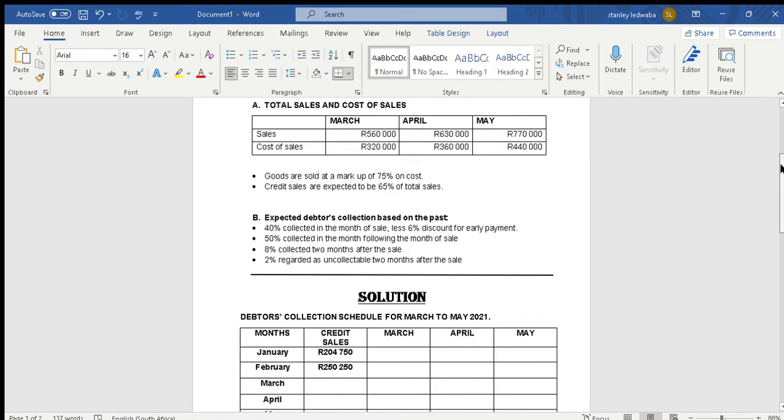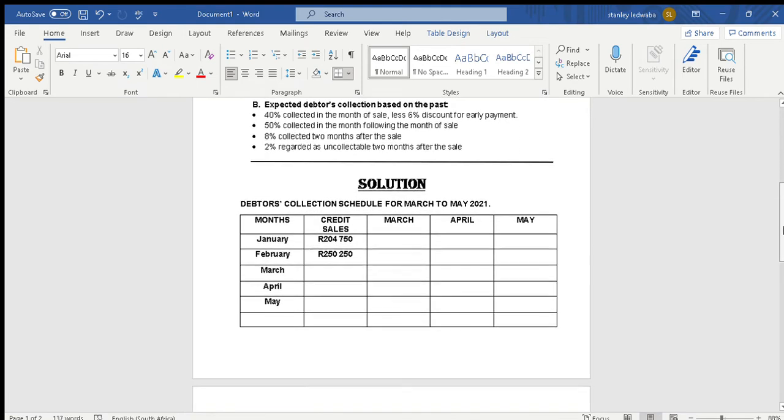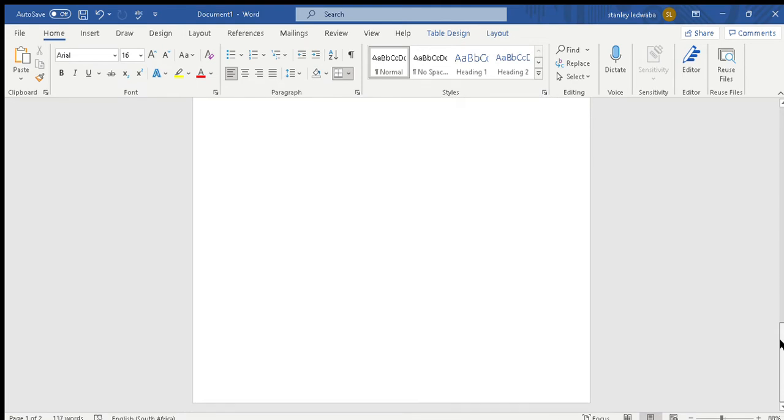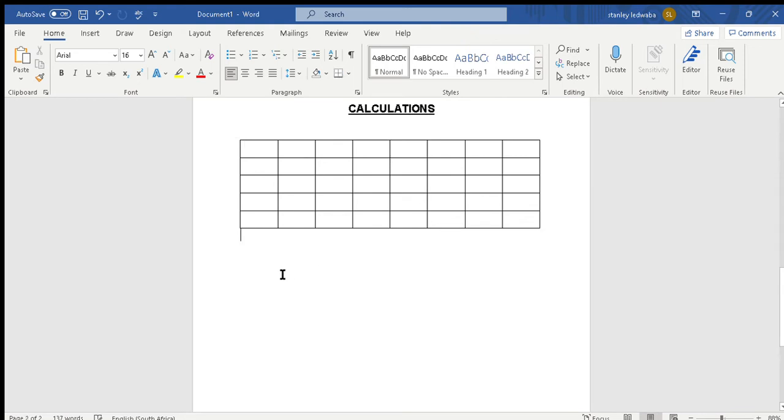For March, we have 560,000. We are going to say 560,000 multiplied by 65%, which gives us 364,000.